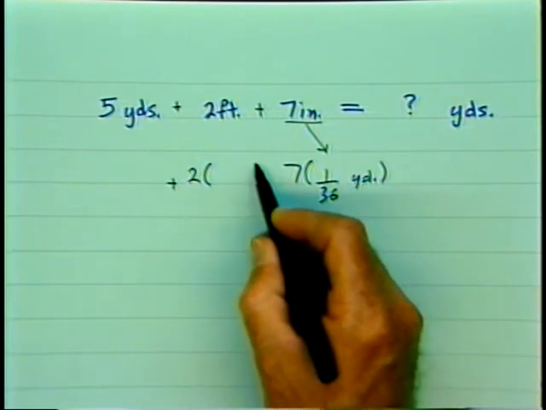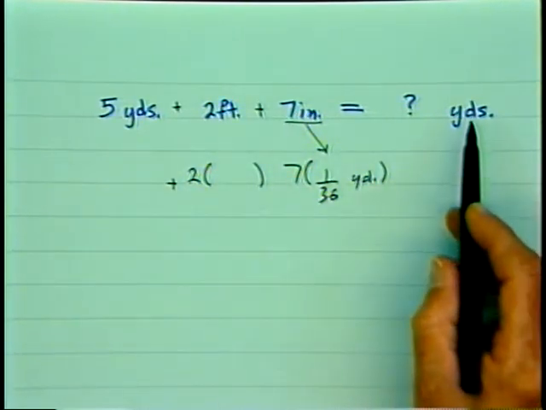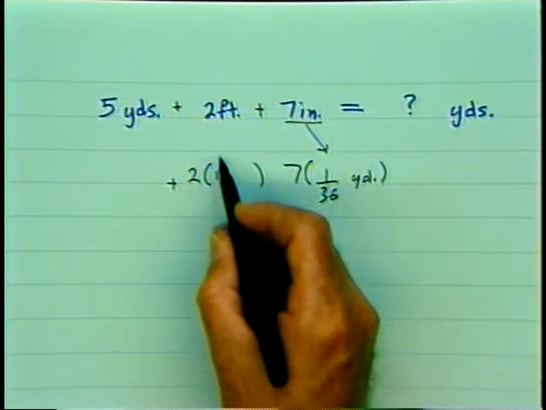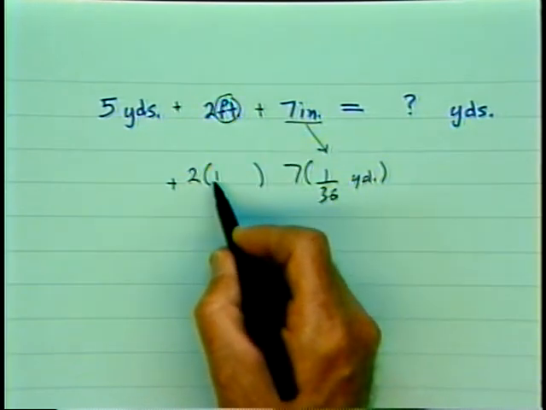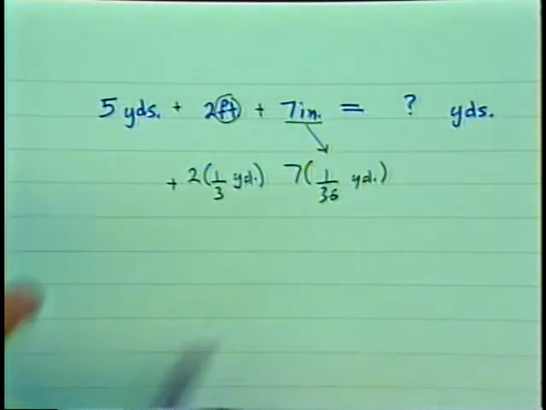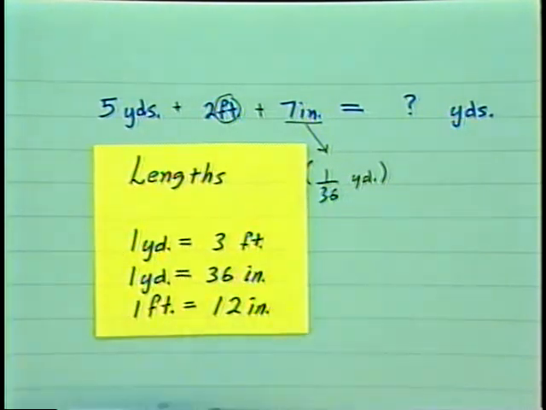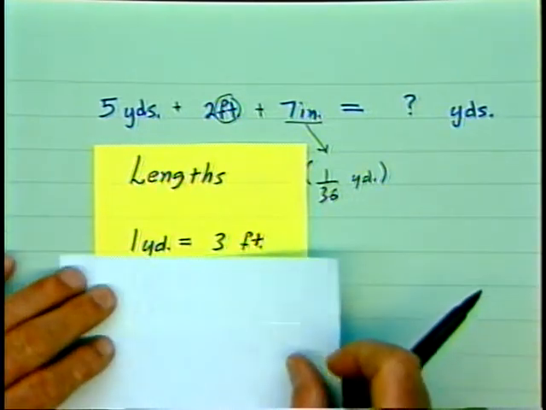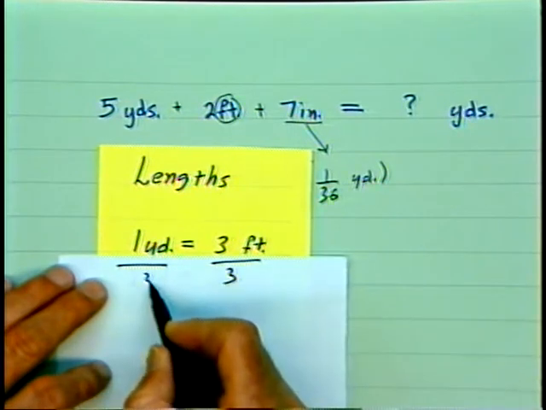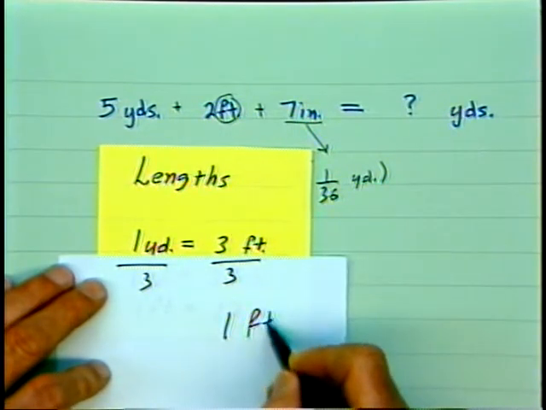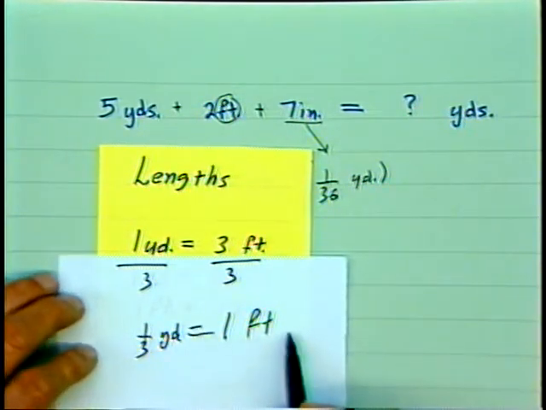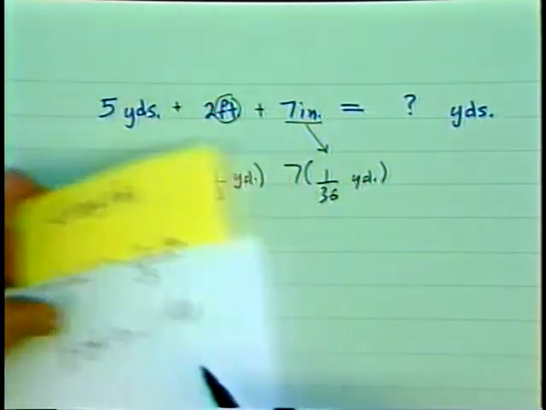Now it's the same thing with feet. I will replace feet by what I want is yards, and either you will know that 1 foot is 1/3 of a yard, and if you didn't, on your table you would find that 1 yard is 3 feet, and in effect now divide both sides by 3, and this gives me 1 foot on this side and 1/3 of a yard, so that 1 foot is 1/3 of a yard.